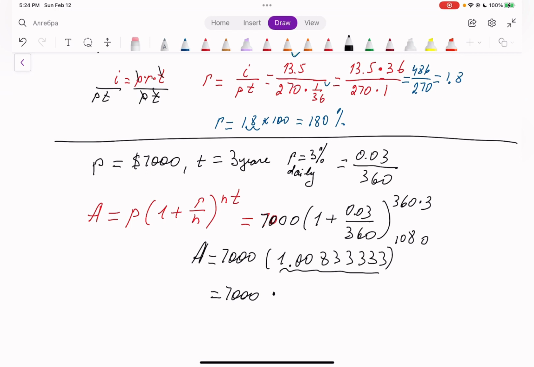Let me double-check all this calculation again. 0.03 divided by 360. Okay, this is going to be, oh, I see. 0.03 divided by 360 has many more zeros.